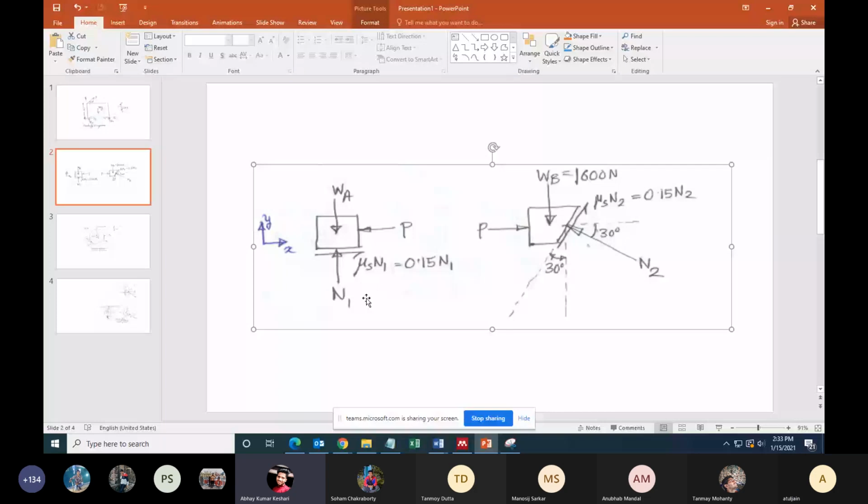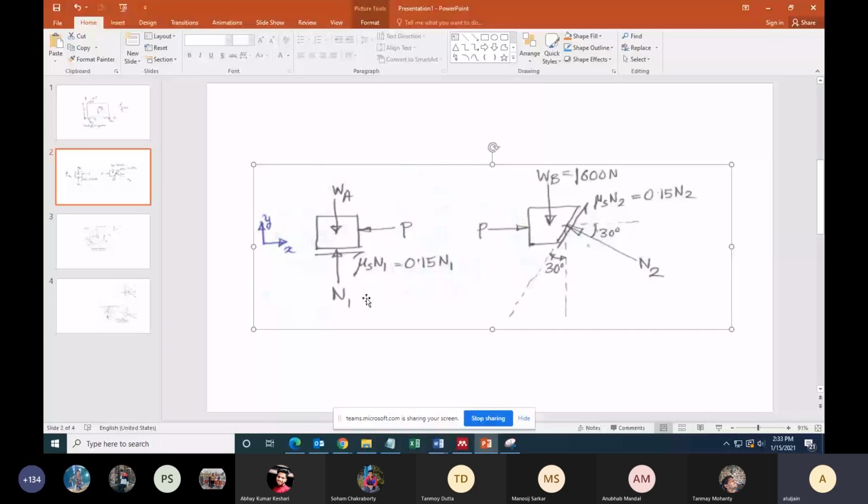So net force on the block B is 0 and net force on the block A is 0. So block B is in equilibrium, block A is in equilibrium, yes? Yes. After that, summation, what is the value of N2 that you are getting? So look at block B, what is the value of P?